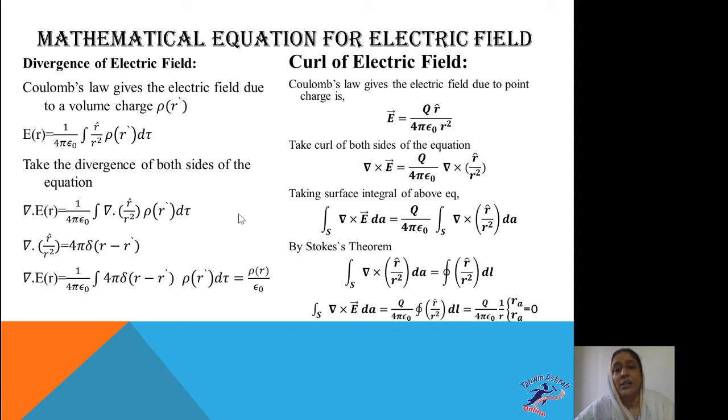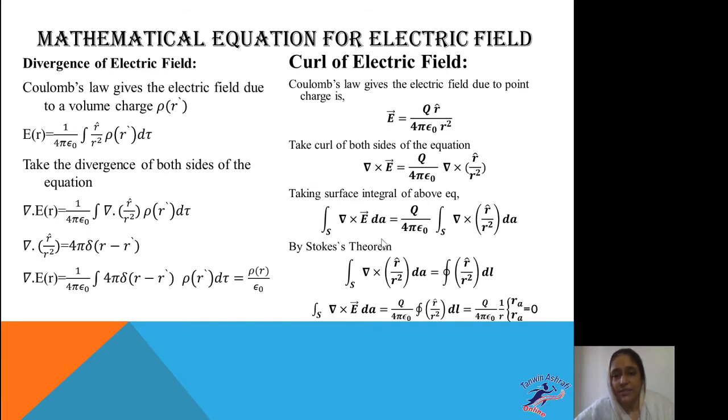Okay. The curl of the electric field. Again by Coulomb's law, we know that E is equal to q r cap divided by 4 pi epsilon naught r square. We will take the curl on both sides of the equation, del cross E. Now q by 4 pi epsilon naught is a constant quantity and remains, and del cross r cap divided by r square is to be calculated.